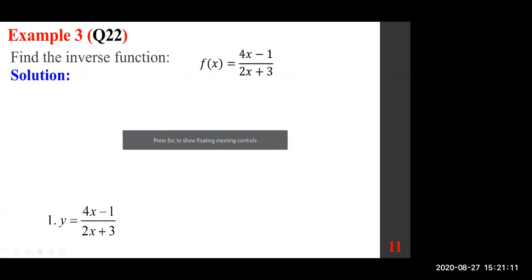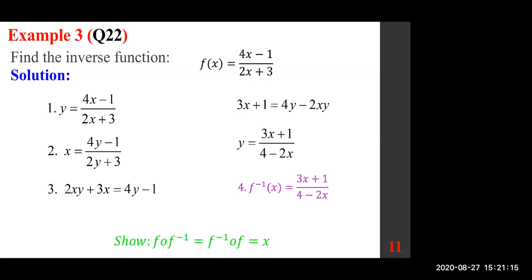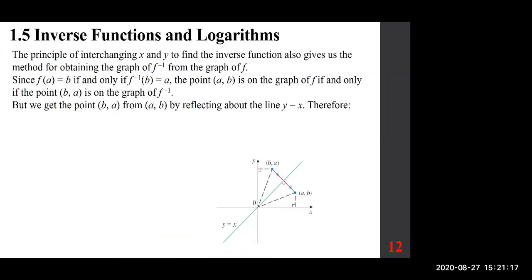So we went through this, and for the inverse also. The other thing about the inverse functions, as I mentioned, is that the domain of one becomes the range of the other. And the pair, I went over this concept, the pair AB is on one, then BA is on the other.